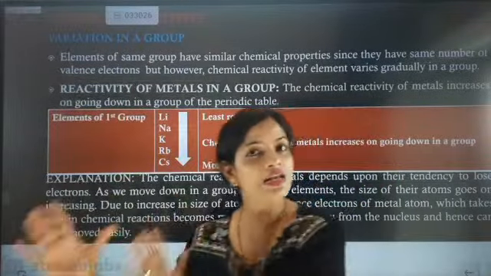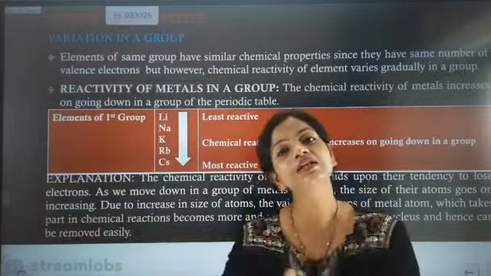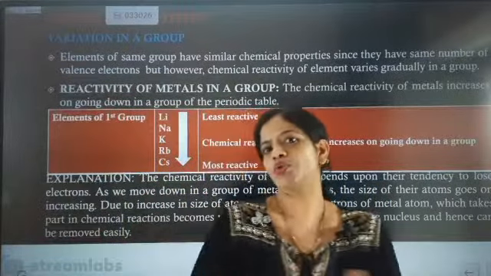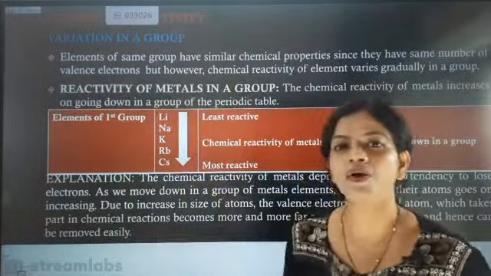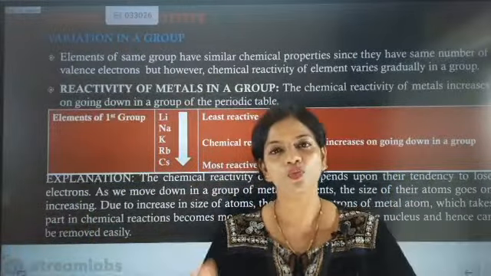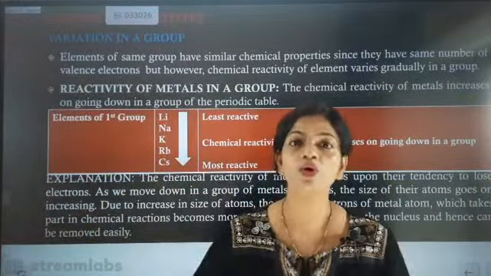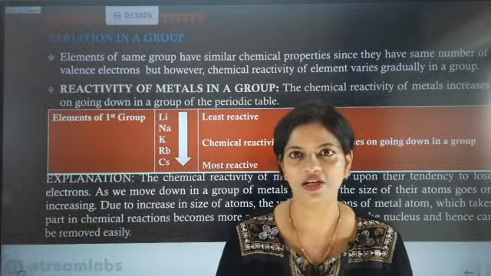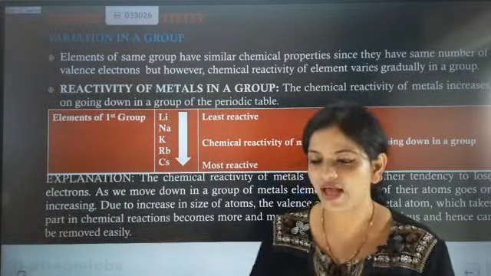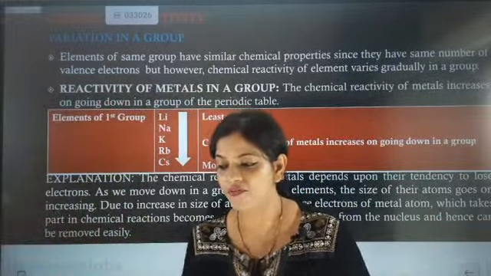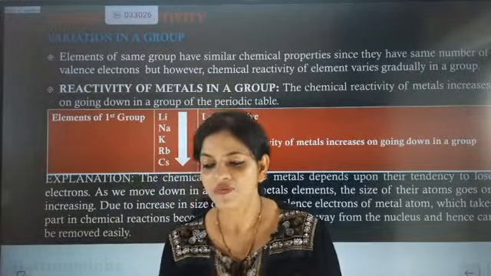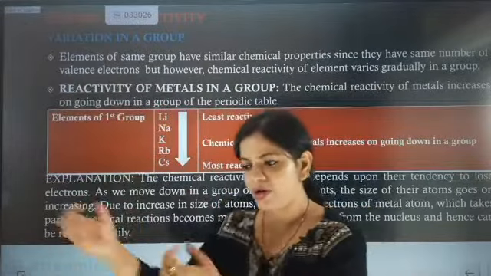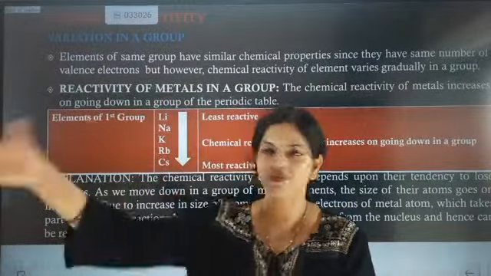When you go down the group, the size will increase. As the size increases, the tendency to give electrons increases, because as I told you, with bigger size they will be unable to take an electron, but they will give electrons.